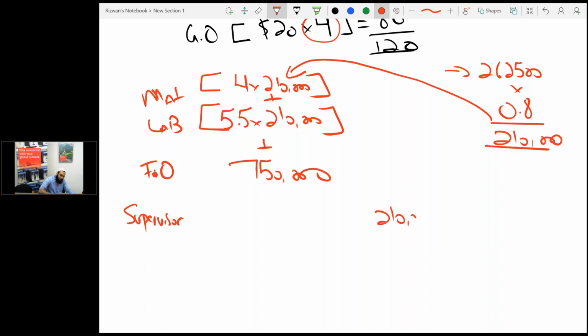So for 210,000 units, how many supervisors? For the first 50,000, one; second, two; third, three; fourth, four; and for the fifth 50,000 units which are not completed, you need a fifth one. So 5 supervisors are required here, because for every 50,000 it's 1, and the salary of each is 35,000 multiplied by 5.